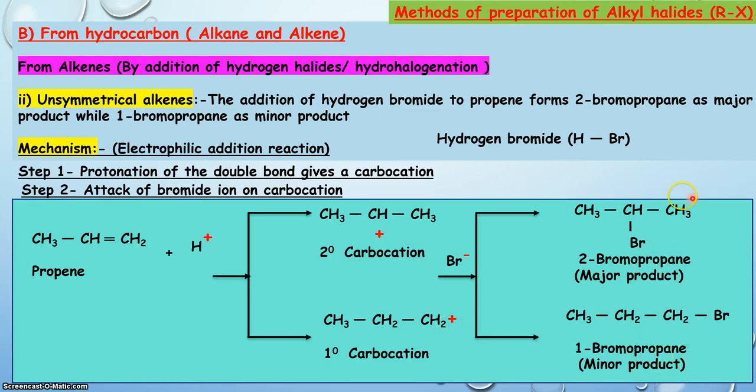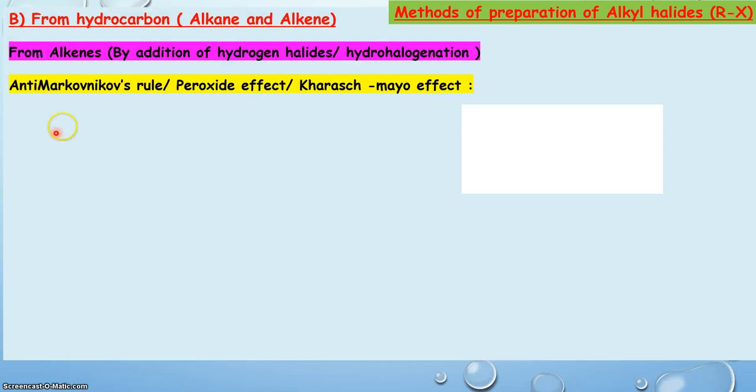Between these two products, 2-bromopropane or isopropyl bromide is the major product because of the stability of the secondary carbocation. While predicting the major product using the Markovnikov rule, consider the mechanism and the stability of the carbocation.